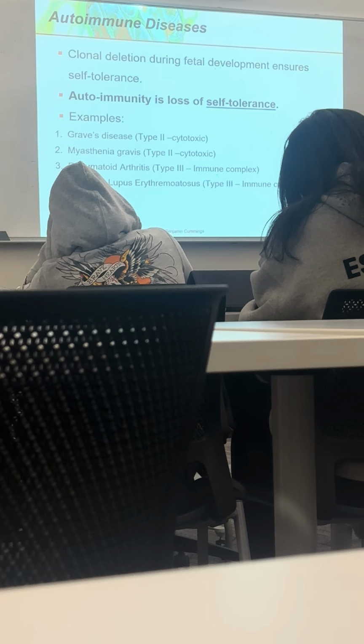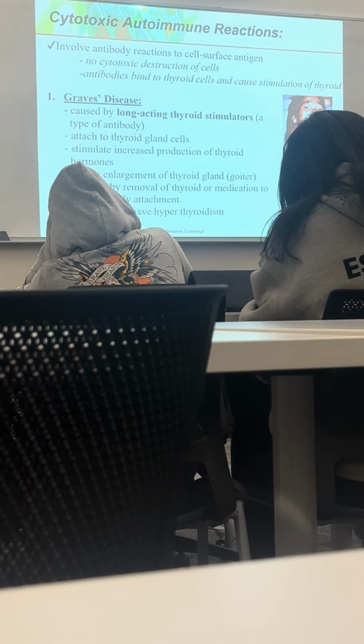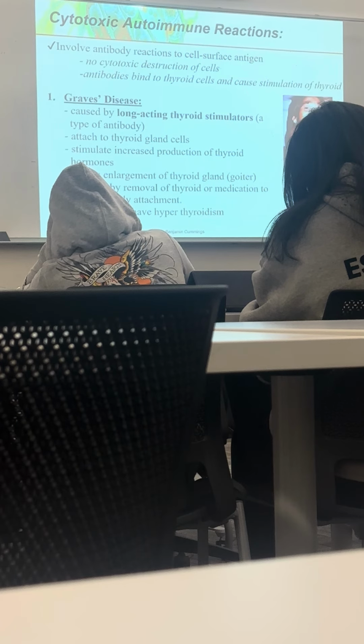Okay. Graves' disease. So what's happening in Graves' disease is you have antibodies that are recognizing your thyroid, right? Your thyroid, typically, its job is to produce thyroid hormone, right?